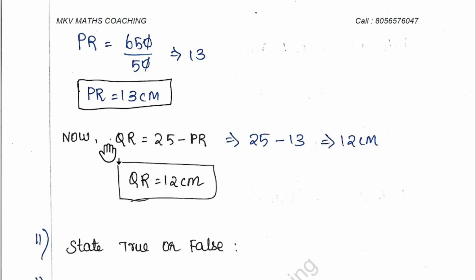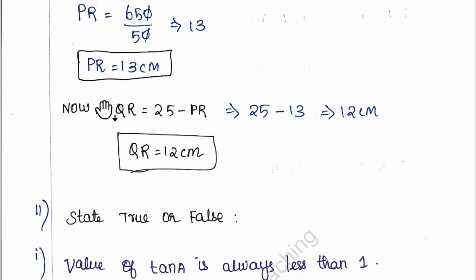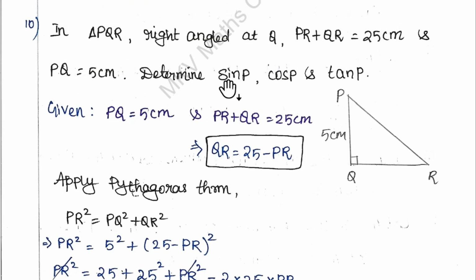Once you get PR, we have derived QR as 25 minus PR, right? So 25 minus 13 will be 12. So QR is 12 centimeter, PR is 13 centimeter, and PQ is given as 5 centimeter, right? So you need to find sin P, cos P, tan P, right? You just use these three values to find out sin P, cos P, and tan P. This you do by yourself.